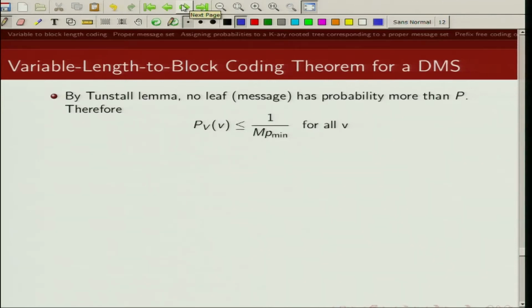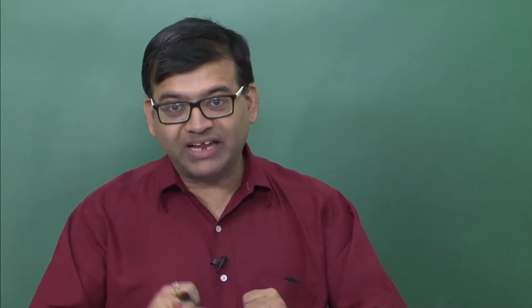Now according to Tunstall's lemma, no leaf has probability more than p. Why? Because in Tunstall coding we are extending the most likely leaf. So there would not be any leaf that has more probability than the nodes, right.